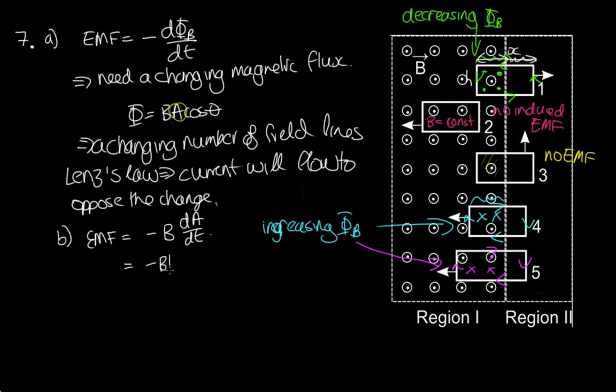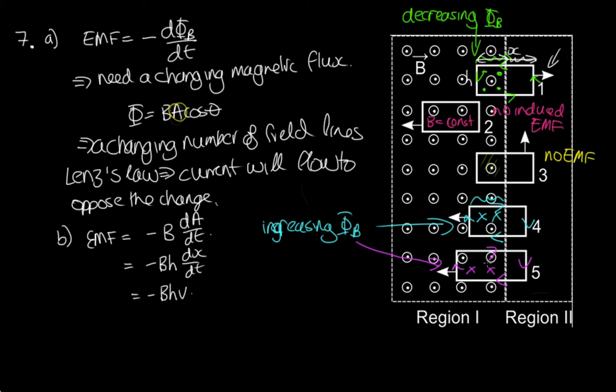So we've got minus Bh and then dx/dt, but this is how fast the area within the field is changing, and that change is caused by this velocity here. So this is equal to minus Bhv.